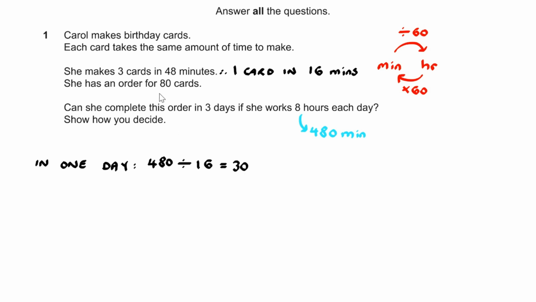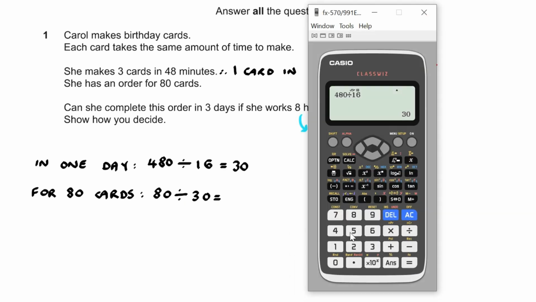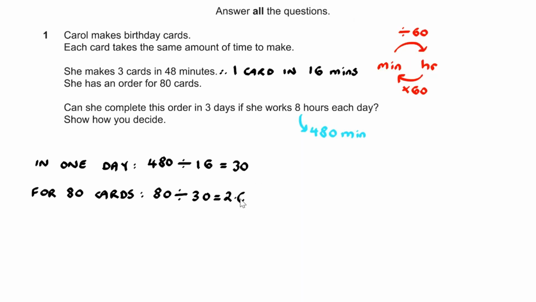Now, she needs to make a total of 80 cards. So therefore, we can find out how long it will take to make 80 cards. For 80 cards, it will take 80 divided by 30, which is 2.6, etc. days.